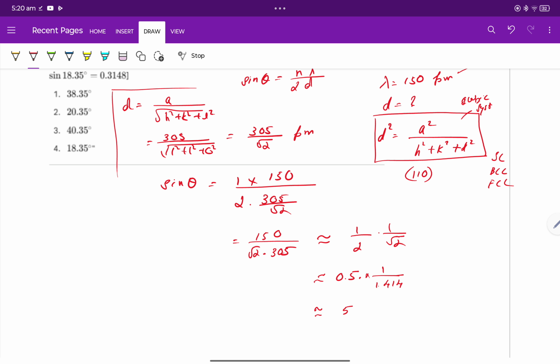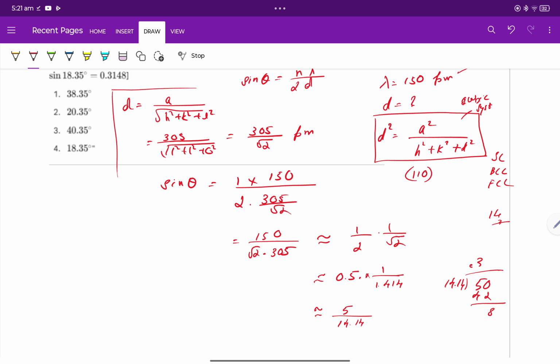Now to simplify, you can multiply by approximately 10. So this will be 5 divided by 14.14. Now let us divide 5 by 14. You have to add a 0 here, point. 14 into 3 will be 42, so this will be 0.3 times 42.